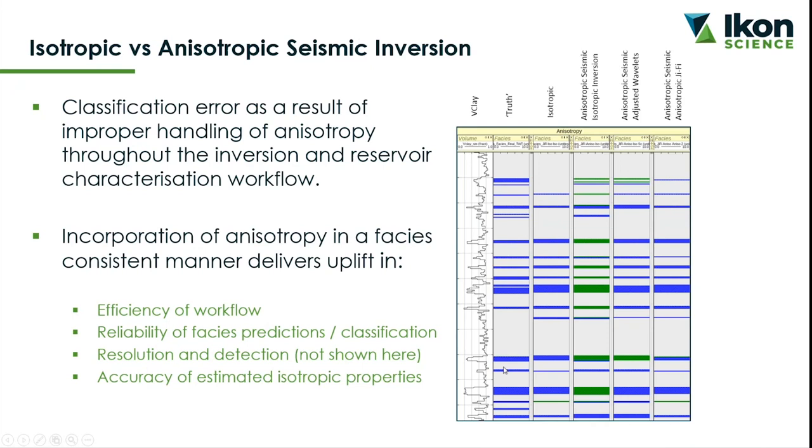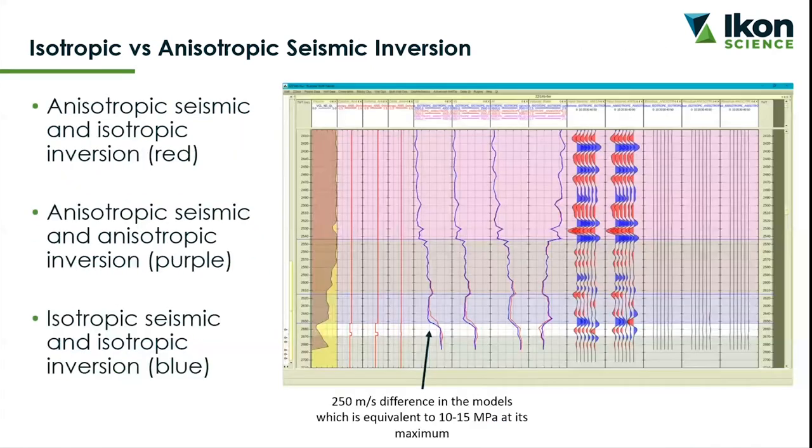Here is another example from a North Sea field of the same comparison, but in this particular case, we're thinking a little more about what's going to happen with these elastic properties when we hand them over to the next person down the line in the subsurface workflow.